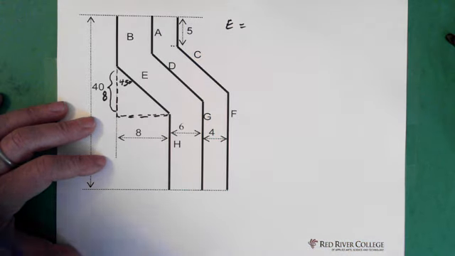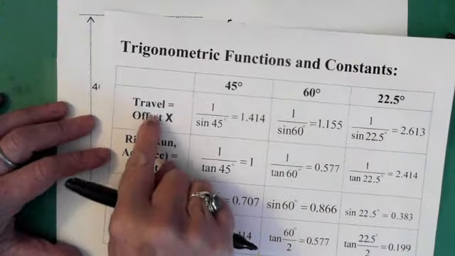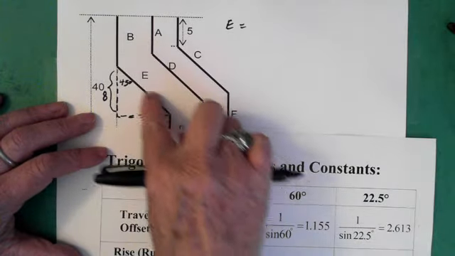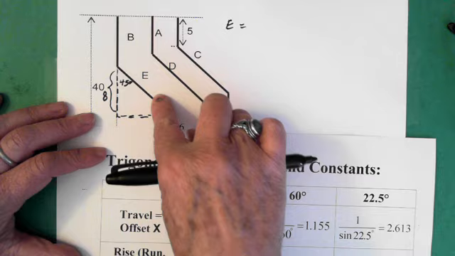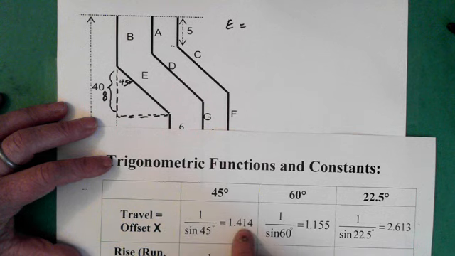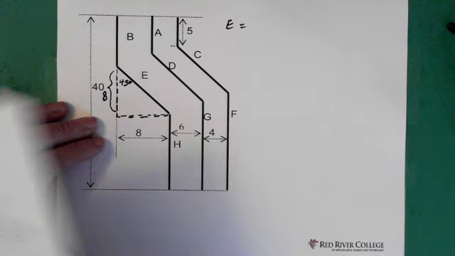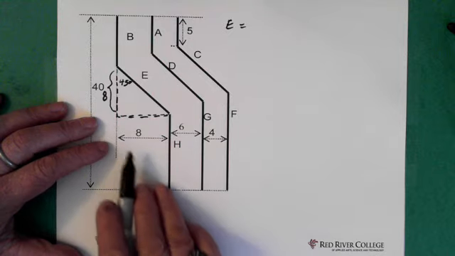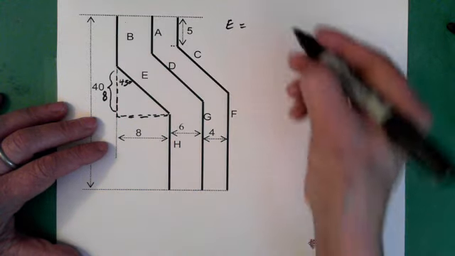And let's just remind ourselves of what we're doing here. Solve for our travel, which is this piece, by taking our offset and multiplying it by 1.414. So this is our offset, which is 8.